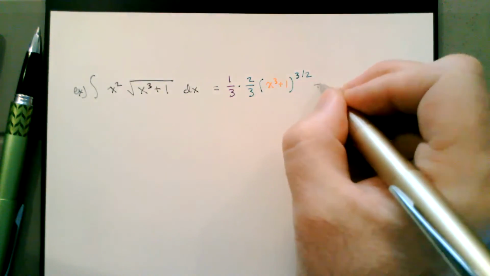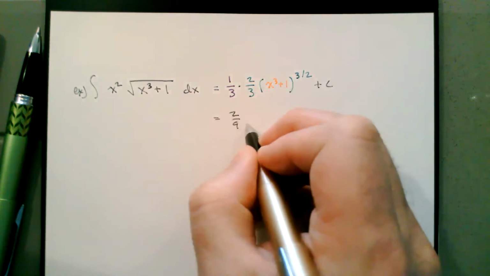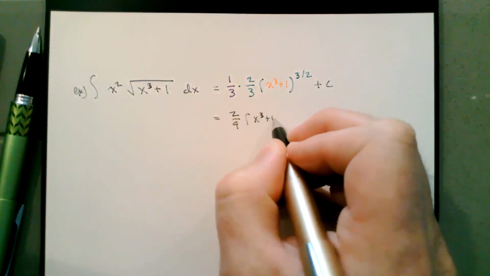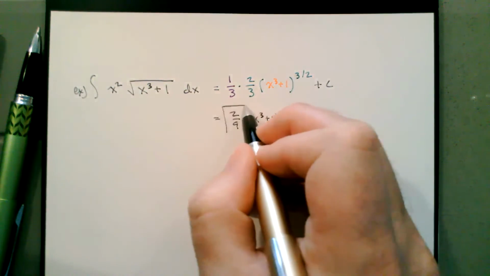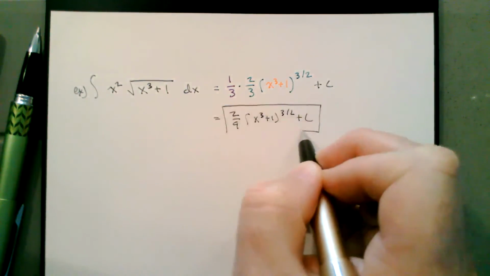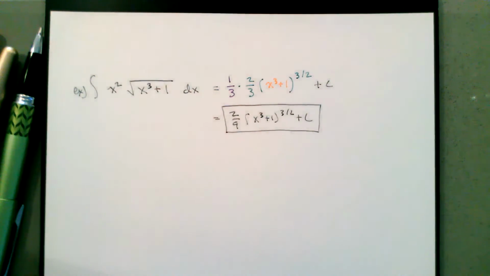And then all you have to do is write that as 2/9. The goal is to just write down 2/9 times x cubed plus 1 to the 3/2 and have the rest of it take place just by observation.